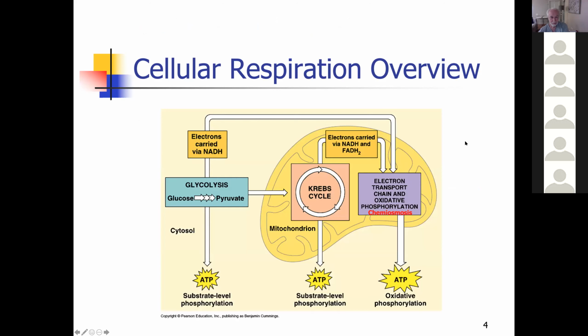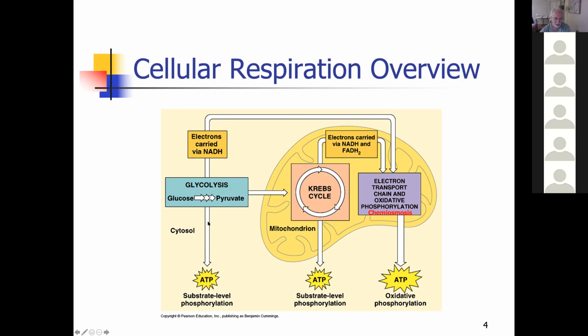Okay, an overview of respiration. It starts with glucose, undergoes this process of glycolysis, which is a multi-step process to produce pyruvate. This occurs in the cytoplasm. Pyruvate is capable of passing across the mitochondrial membrane and starts the Krebs cycle. And we'll talk about that later. What's important here, two things.